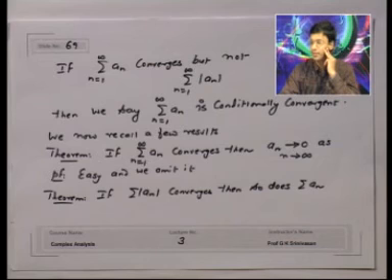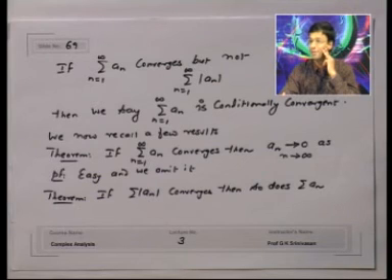For improper integrals, we discussed the theory of convergence, right. So, what is the story there? If an improper integral converges, it is not true that the integrand goes to 0 as x goes to infinity. What was the example?